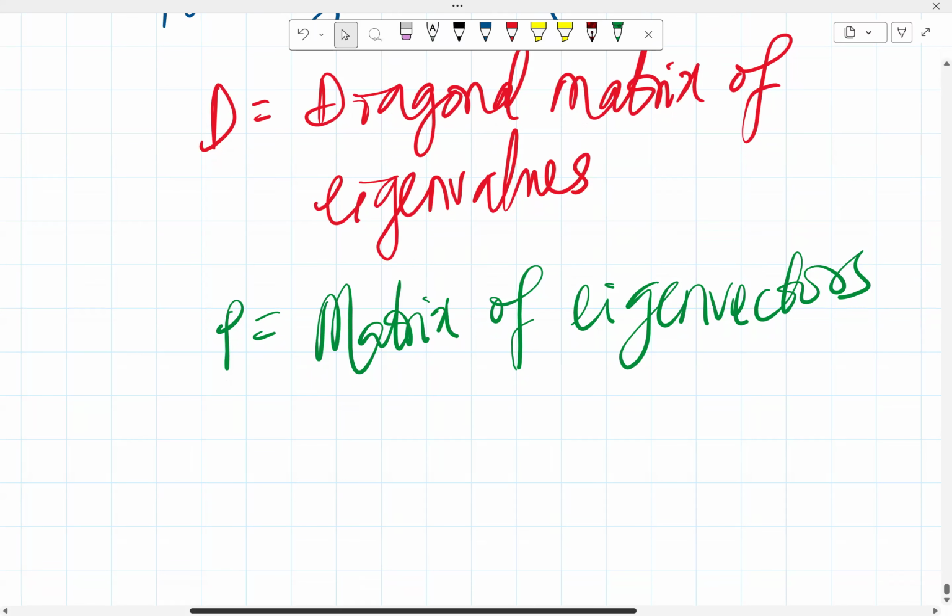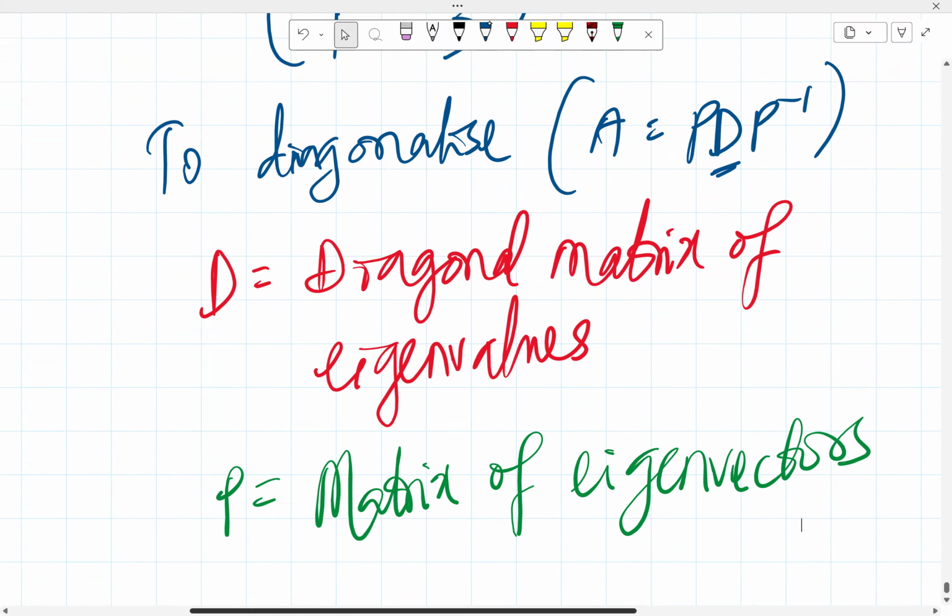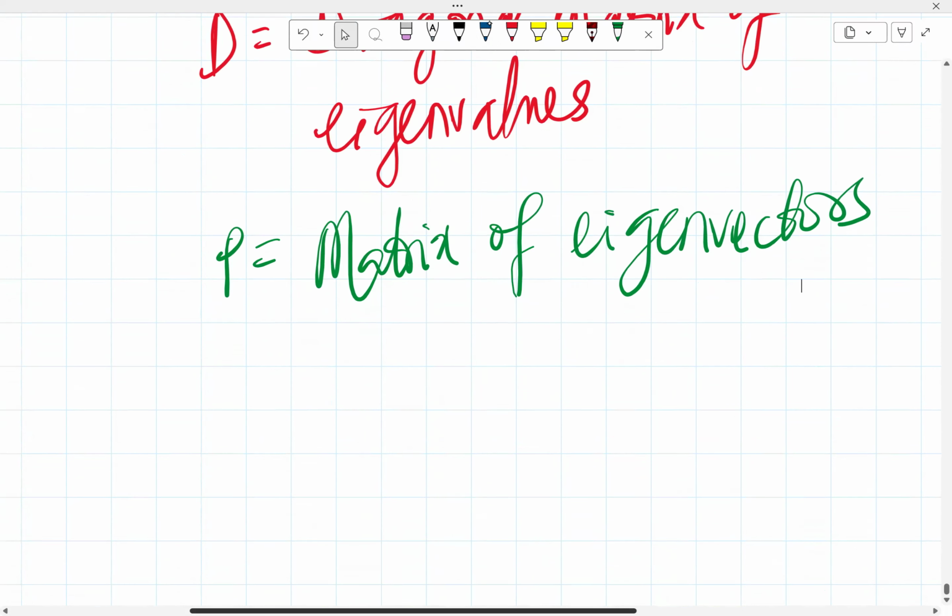Then P is the matrix of eigenvectors, and they have to correspond with the eigenvalues. Of course, P inverse is just the inverse of this. So with that in place, we need to find eigenvalues and eigenvectors.